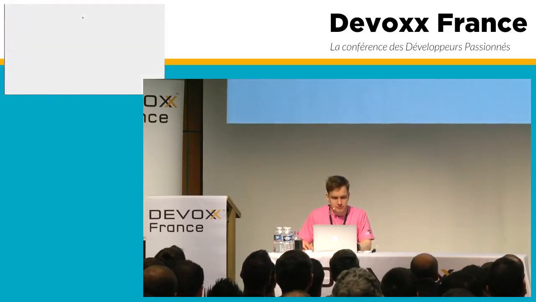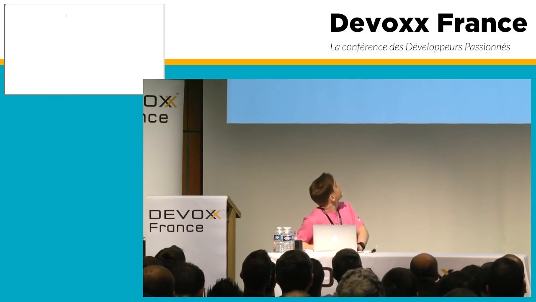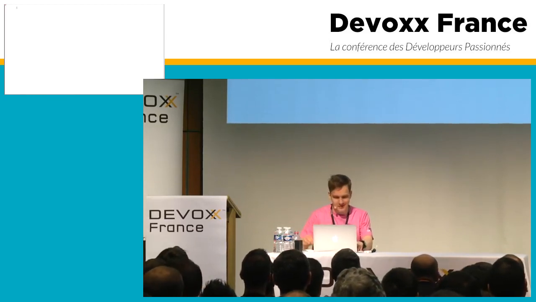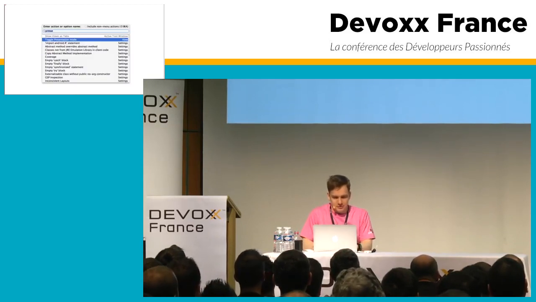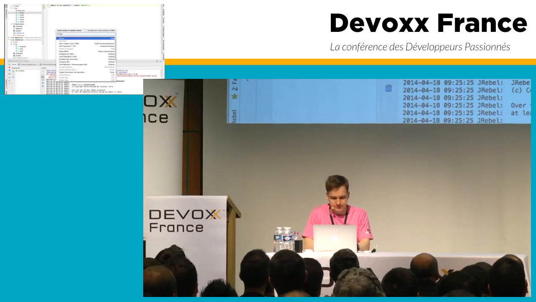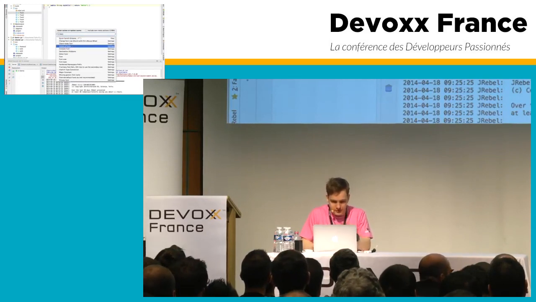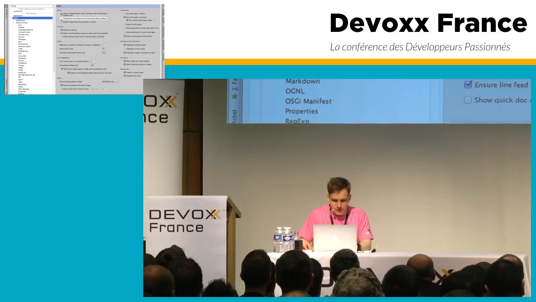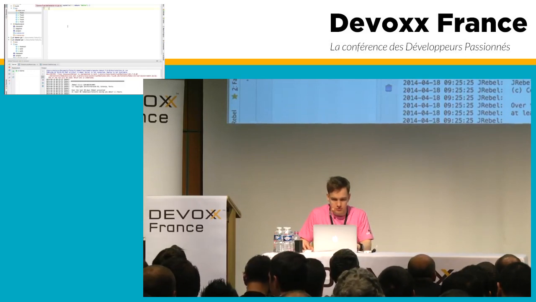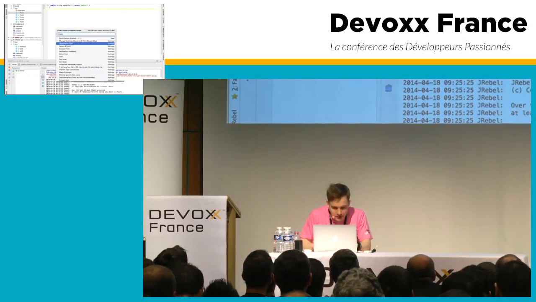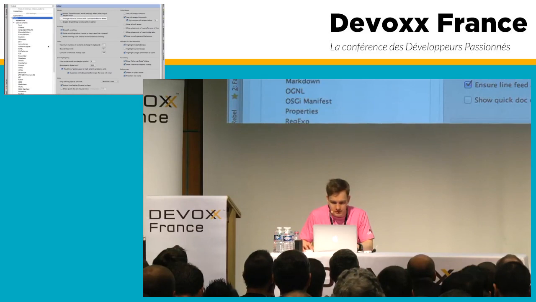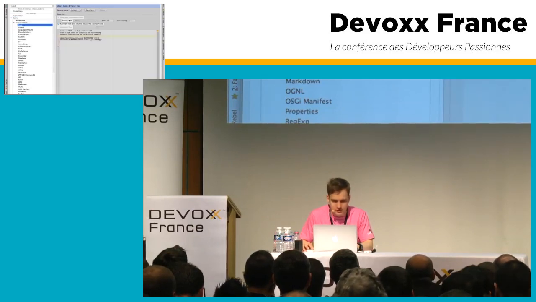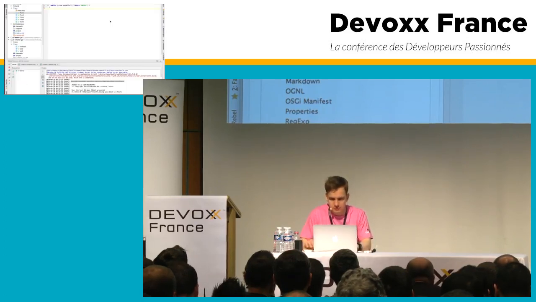Presentation mode. Is this better? No? Toggle presentation mode. I need font. Colors and fonts. Font size. Command mouse wheel. Does it work? Font. Oh, so embarrassing. Font, this one. Size. 30.